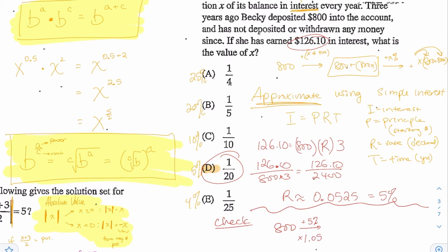So you have to do this 3 times because you have 3 years. Each time you earn money, you can also earn interest on that money. So the final answer will be 800 times 1.05 cubed, and that's equal to 800 plus that 126.10. So the total is 926.10.